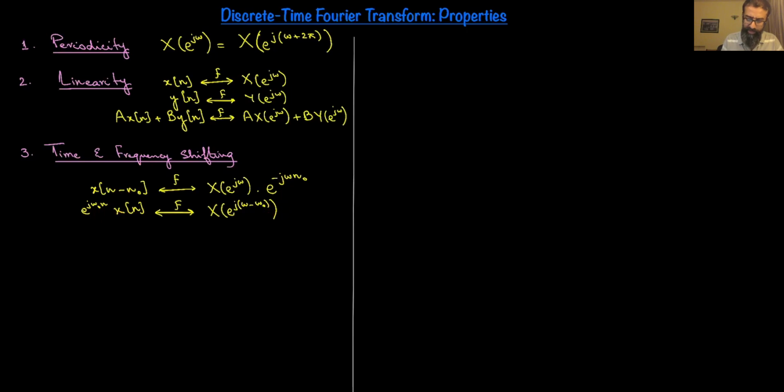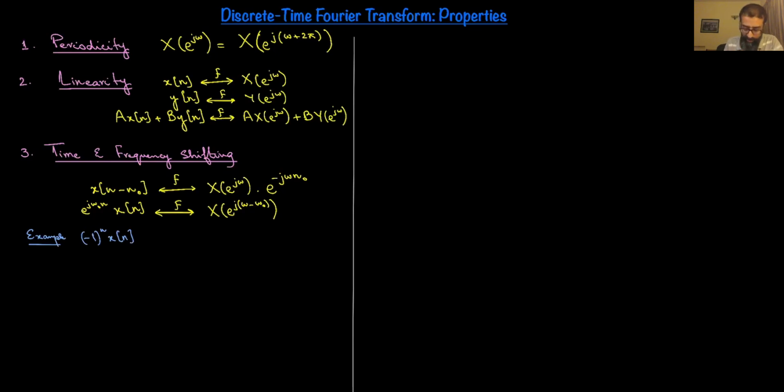There's a neat application that is a result of this frequency shifting property, so let me just talk about a simple example to discuss that. I am interested in finding what the Fourier transform of -1 raised to power n times x of n is. So in other words, I need to figure out what multiplication with -1 raised to power n in the time domain does to a signal.